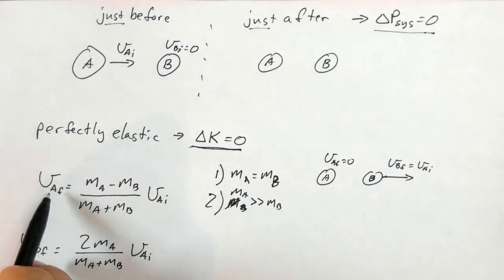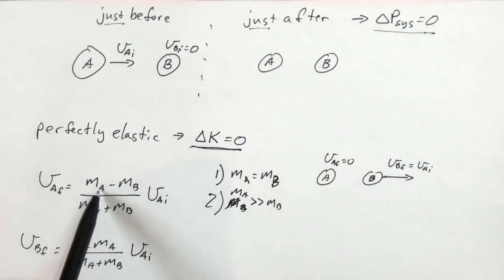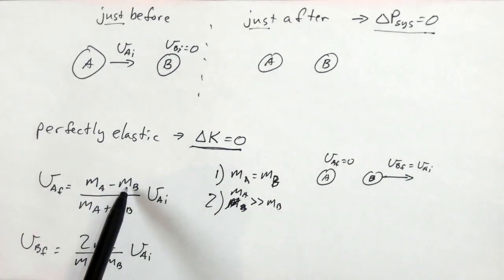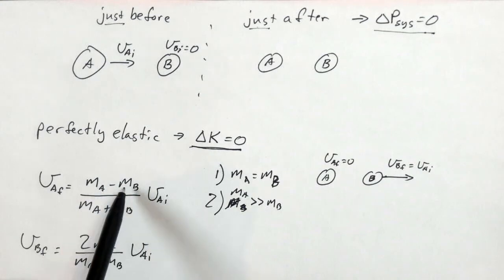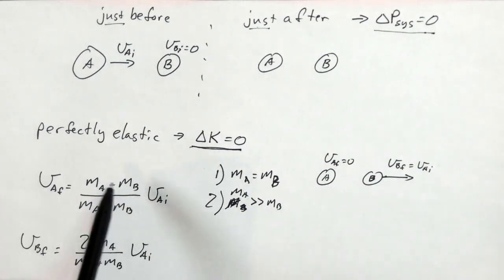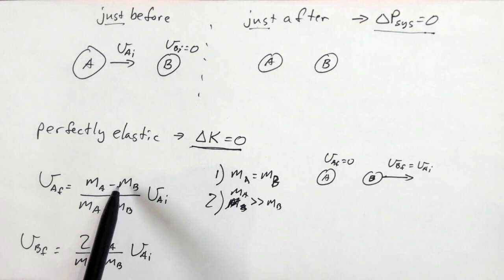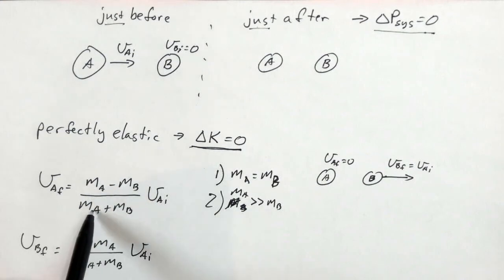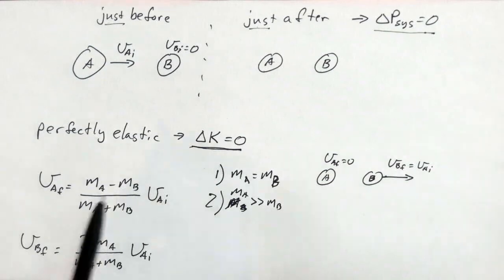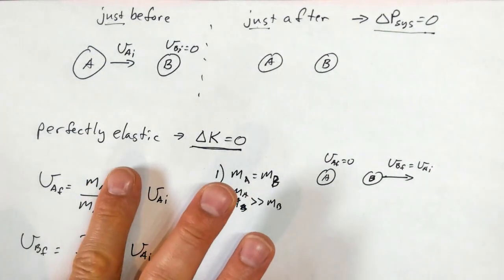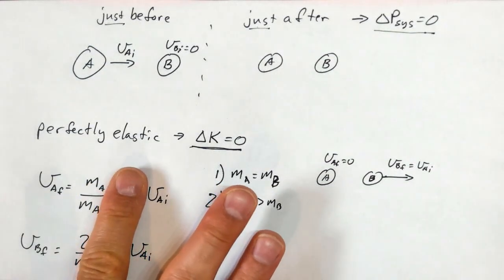Okay, so let's see what the math says. If MA is much bigger than MB, so like this is 1,000,000, then that's 1. Well, 1,000,000 minus 1 is basically 1,000,000. So basically we can say this is just MA. And 1,000,000 plus 1 is basically 1,000,000. So we can really just ignore those two terms, and we just have MA over MA, which is just 1.